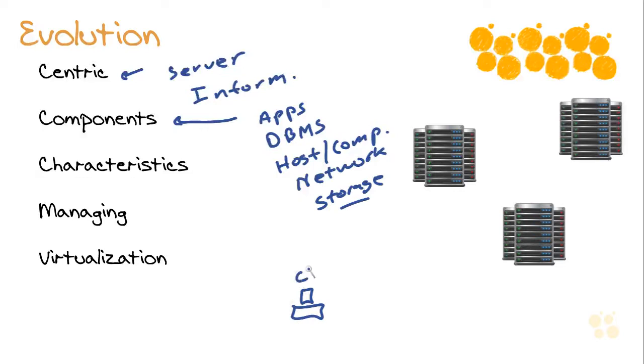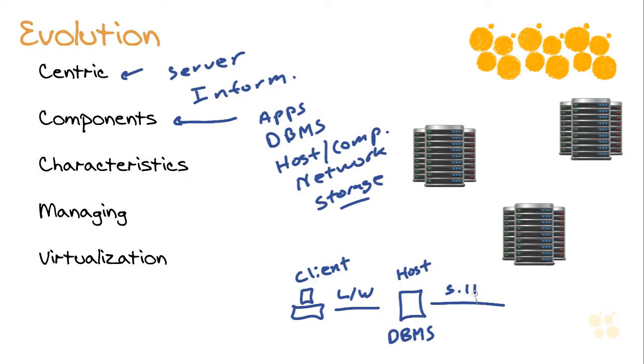We have a client. This client accesses over a LAN or a WAN a particular host or compute resource. Maybe it's running a database management system, or DBMS. And then there is a storage network. And then there is, let's say, a storage resource like a disk array.